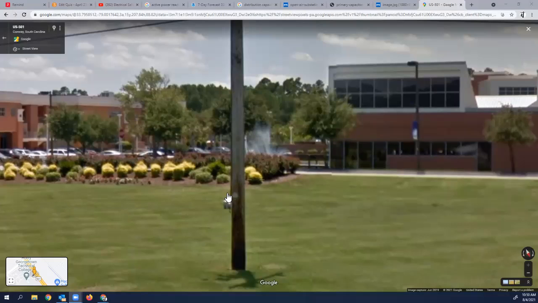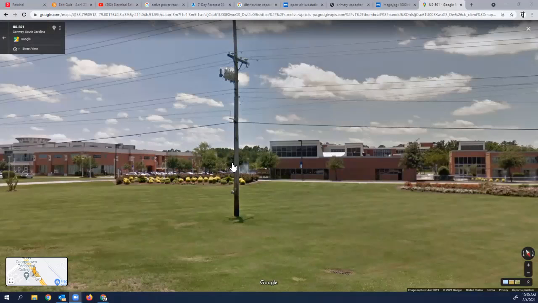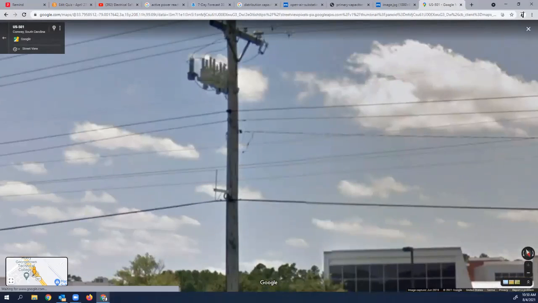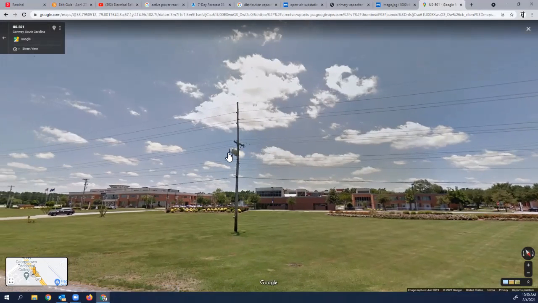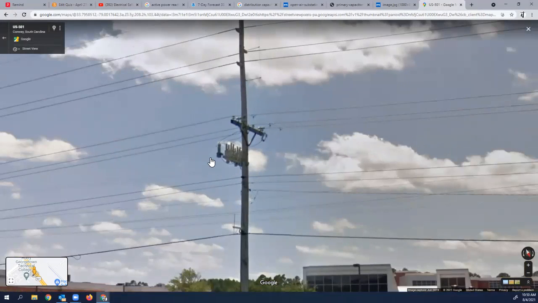Fantastic. Okay, so here's the control box. And I don't know if you can see, it's got a little black antenna on it. That's where the radio works. And they put an external antenna on it so it picks up the signal better, but it's on the same pole. So I've completed all my work up here. I've done everything I needed to do. The vacuum bottles are still open.